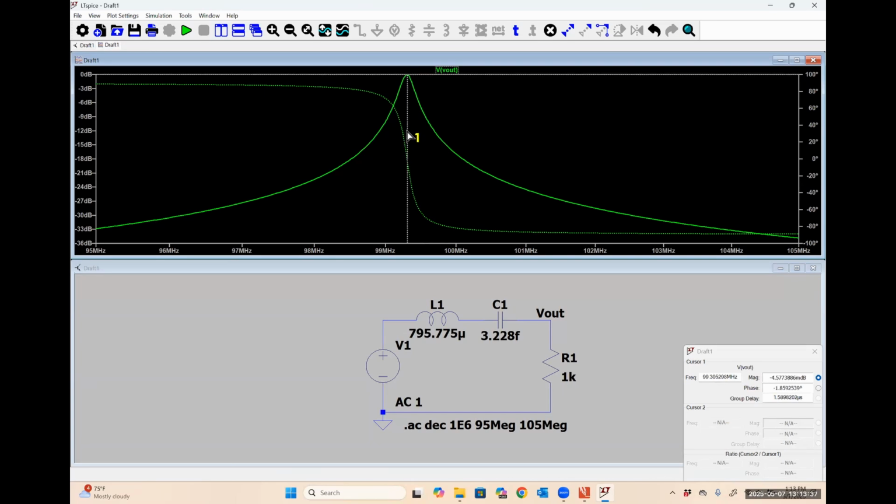It looks like our center frequency is at 99.296 megahertz, so pretty darn close to 99.3. There's a little bit of rounding error in our component sizes and all of that kind of good stuff. Let's see where we get when this falls down to negative 3 dB.